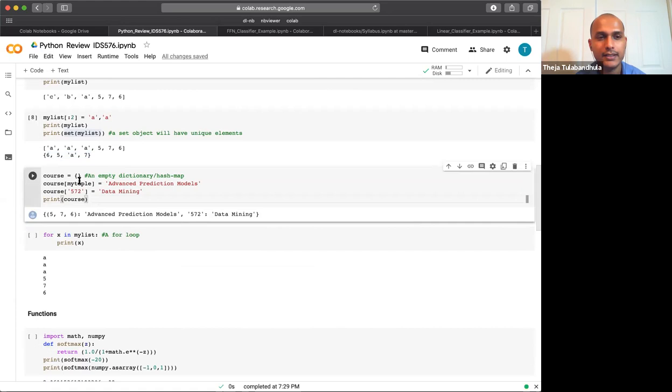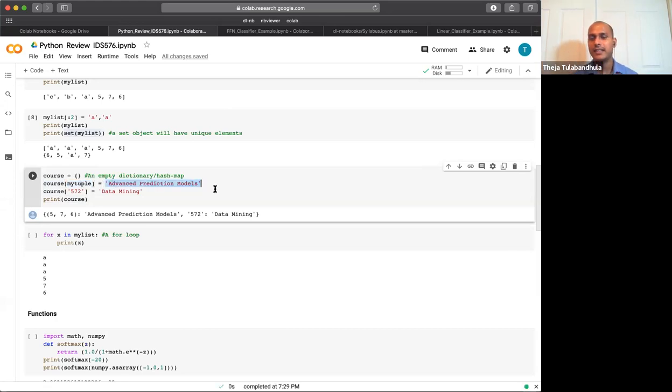A dictionary is a very good abstract data type that you'll see in many different languages. It's basically a lookup table, where there's a notion of keys and values. Here I'm creating a dictionary called course, whose key is going to be my tuple, and its value is going to be advanced prediction models.